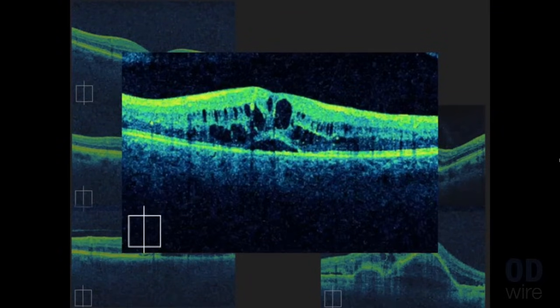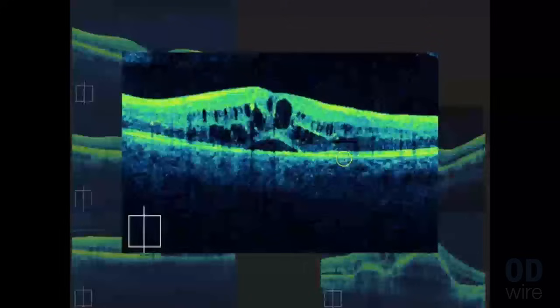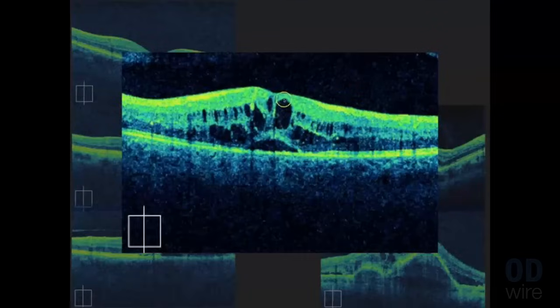Let's take a look here. This example shows a patient with, yes, a little bit of subretinal fluid, but these cystic spaces of intraretinal fluid are relatively empty. And that pattern is very typical for cystoid macular edema that can commonly be seen in inflammatory etiologies, perhaps postoperative. This is going to be very important because this might be a patient that you elect to treat topically with topical NSAIDs.